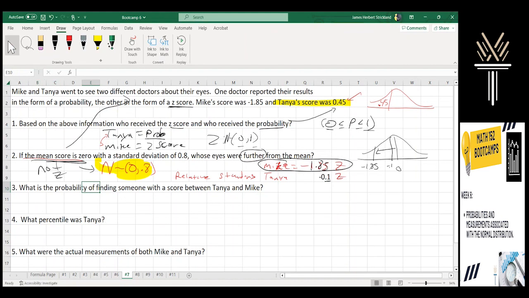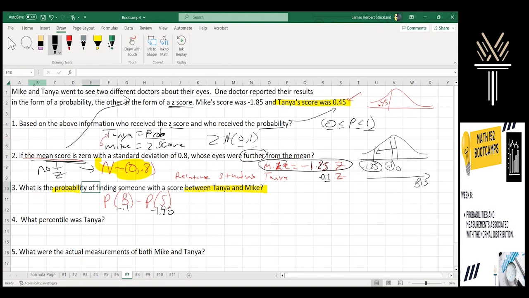Okay. Well, now we want the probability between two measurements. And so we know it's going to be the probability of the bigger measurement minus the probability of the smaller measurement. And the way number lines work, the more right you go, the bigger they get. So in this case, negative 0.1 is bigger than negative 1.85. So this would be our first value, and this would be our second value.